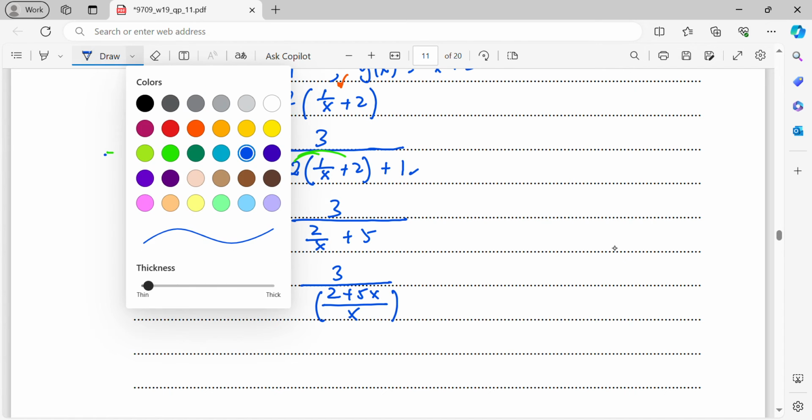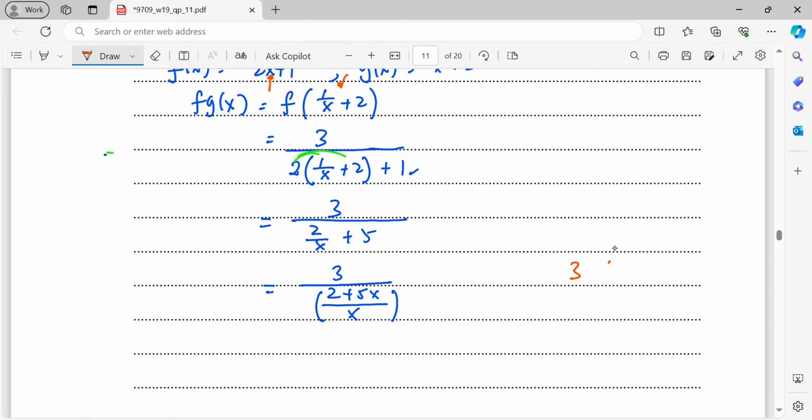Now for your information, this is 3 over, which means divide, 2 plus 5x over x. So if I want to change divide into times, you have to switch the position of the numerator and denominator. So it becomes 3 times x over 2 plus 5x. So I have to move up the x.